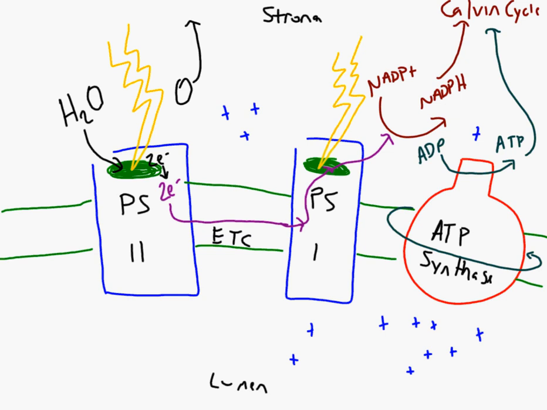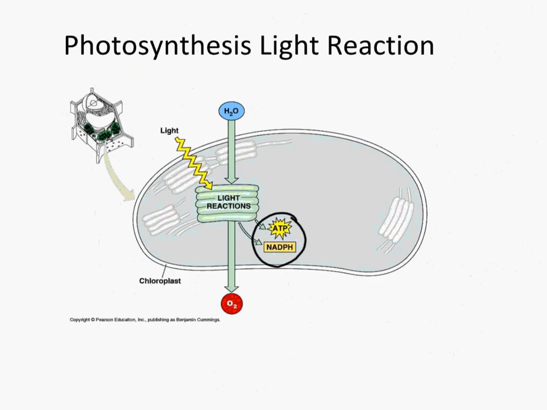And so here we have both of these molecules, NADPH and ATP, that have been created in order to facilitate the creation of sugar in the Calvin cycle.